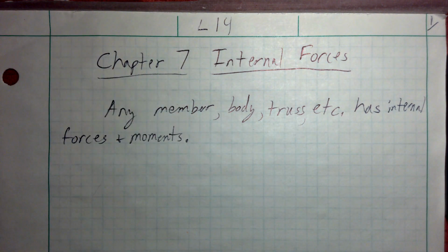And that's the end of that sentence. Any member, body, truss, etc., anything you can imagine has internal forces and internal moments. And that's what we're going to look at in this chapter.